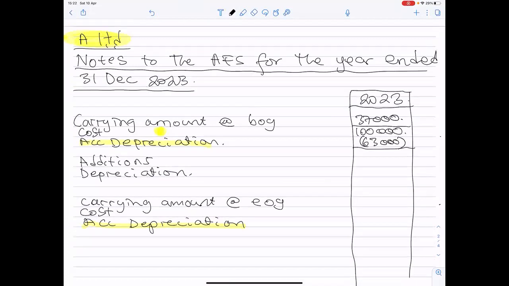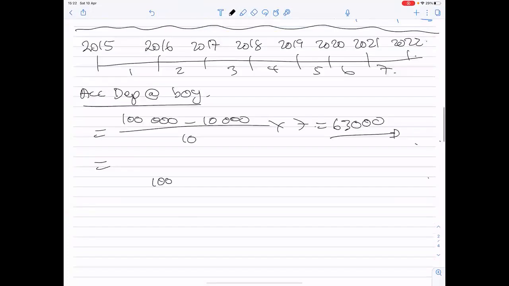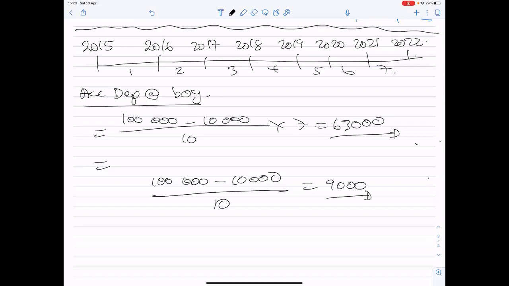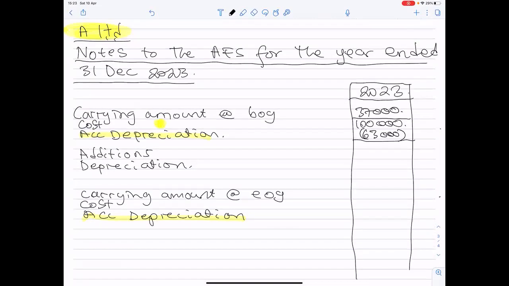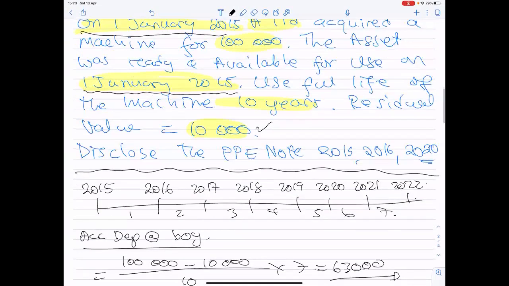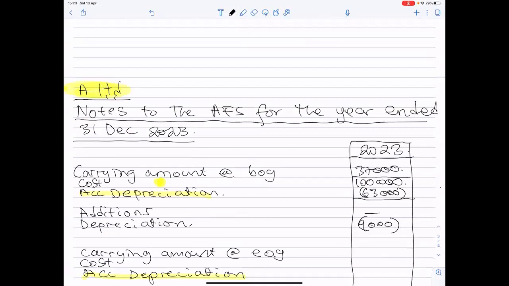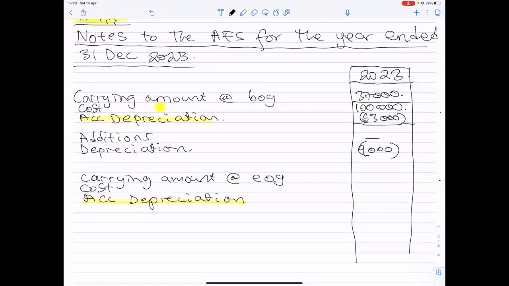Depreciation in the current year will simply be 100,000 minus 10,000 divided by 10. You will get 9,000 every year. No addition, there's a depreciation of 9,000. Alternatively, you can calculate your depreciation based on the carrying amount.